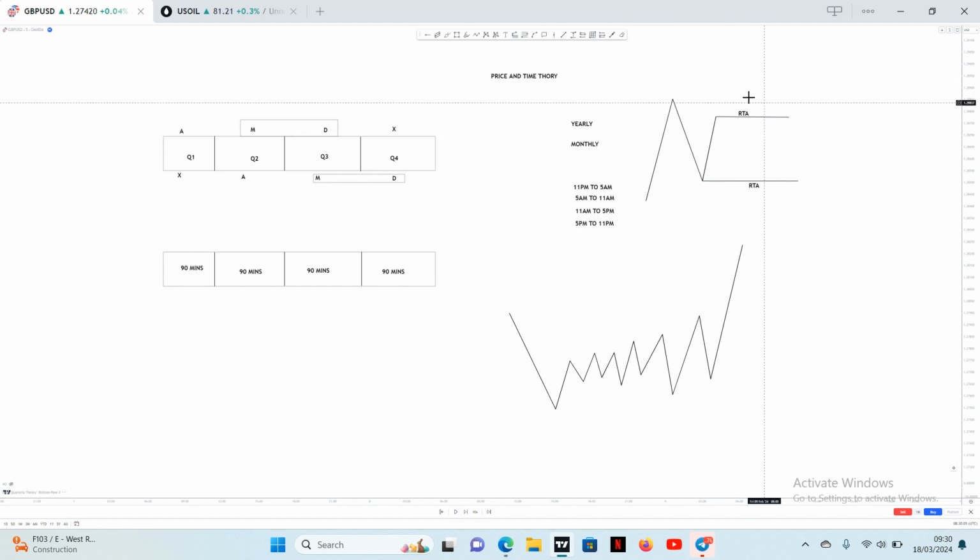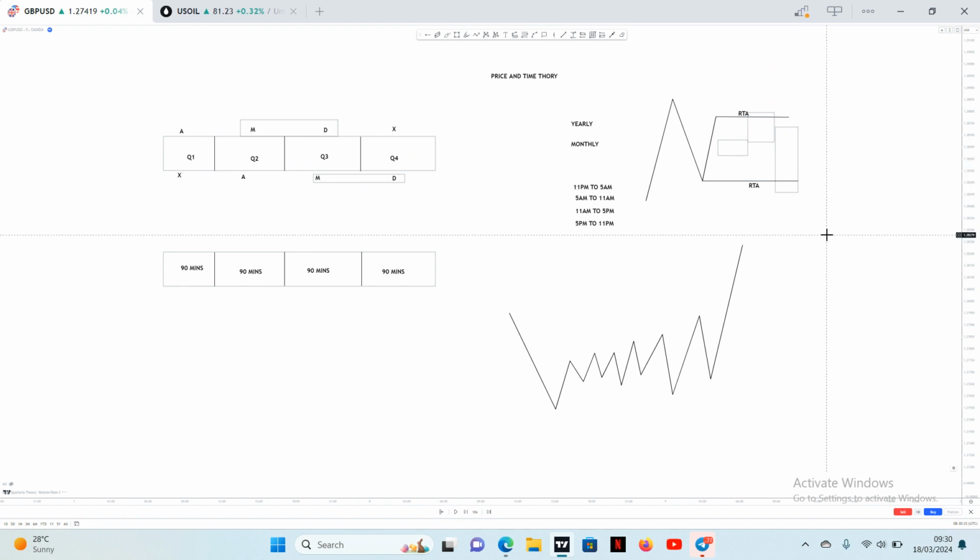So if you have your RTA marked out, and then we have quarter one, which is Asian, let's say price is here, consolidated. What we would expect is for quarter two to manipulate this one at least. Let's just take this one for instance, and then for quarter three to distribute. And this is also where it gets interesting.